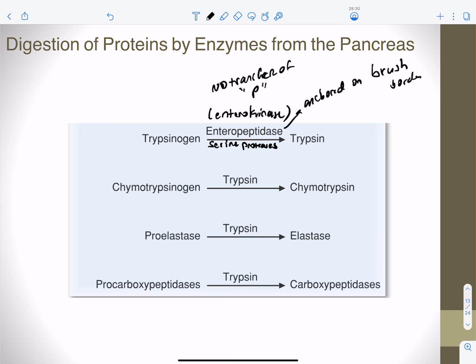Okay, so after you get trypsin made, trypsin can then go and activate all your other essential enzymes.